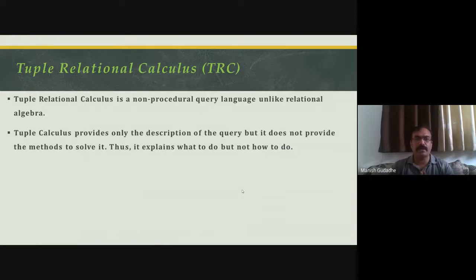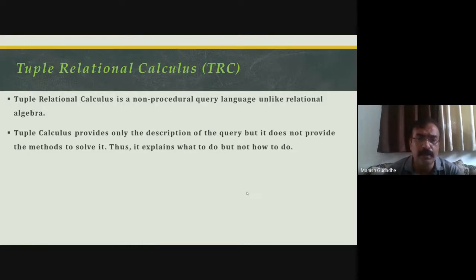So tuple relational calculus provides only the description of the query, but it does not provide the method to solve it. As we have in SQL, we can write the function, we can store the output, we can create a view. This is not possible in tuple relational calculus, but it is helpful to solve very basic queries.